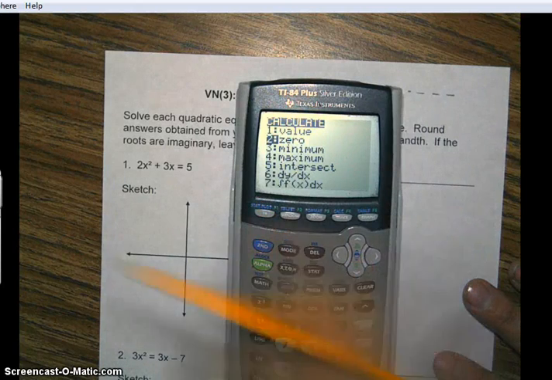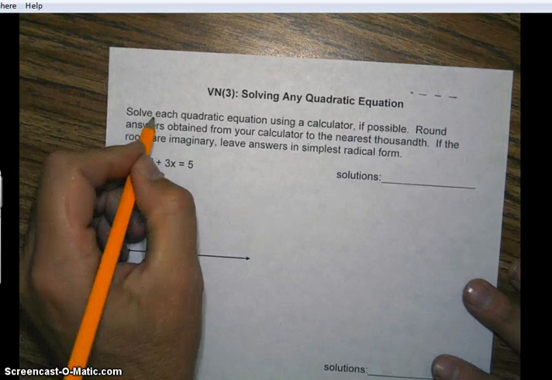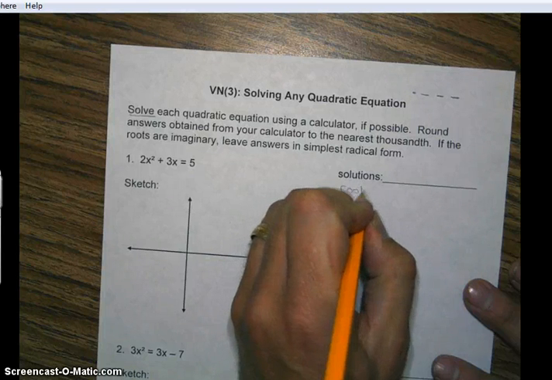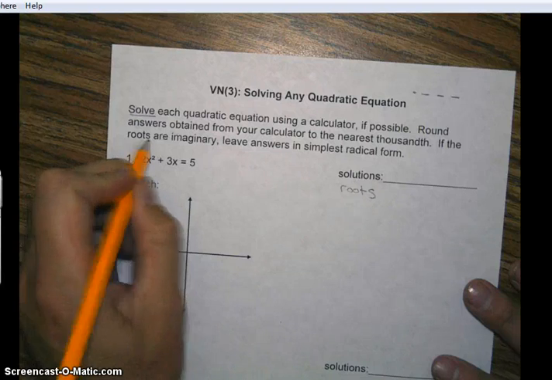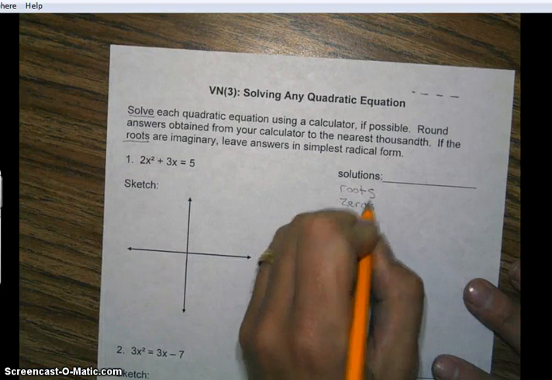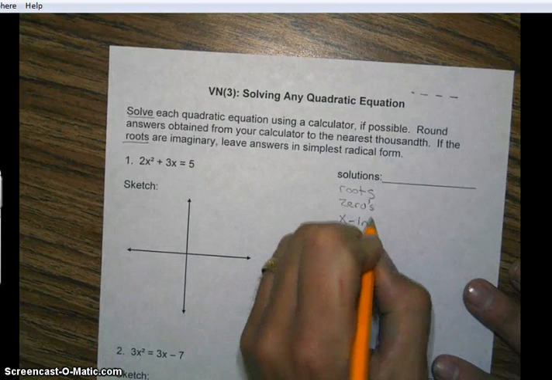So remember the word solutions. Remember that when it says to solve, you're looking for the roots, also known as zeros, also known as x-intercepts.